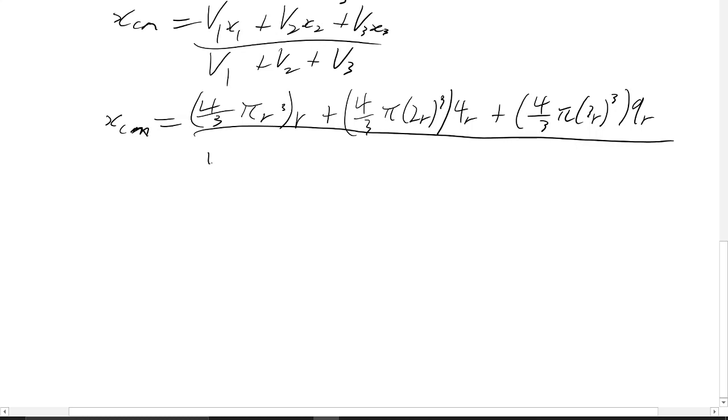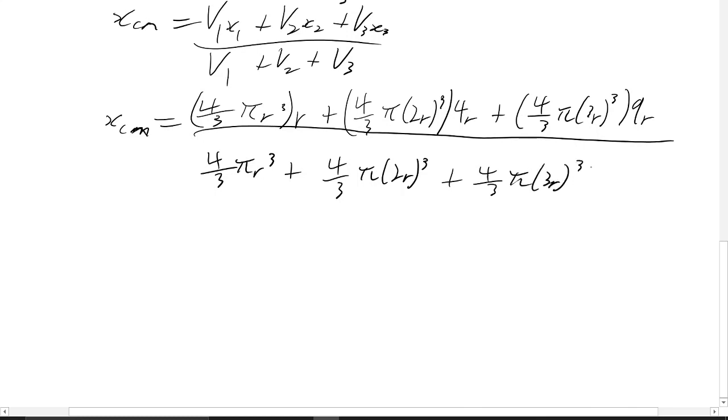center of mass. 4 over 3 pi r cubed plus 4 over 3 pi 2r cubed plus 4 over 3 pi 3r cubed. And now we can simplify this again.